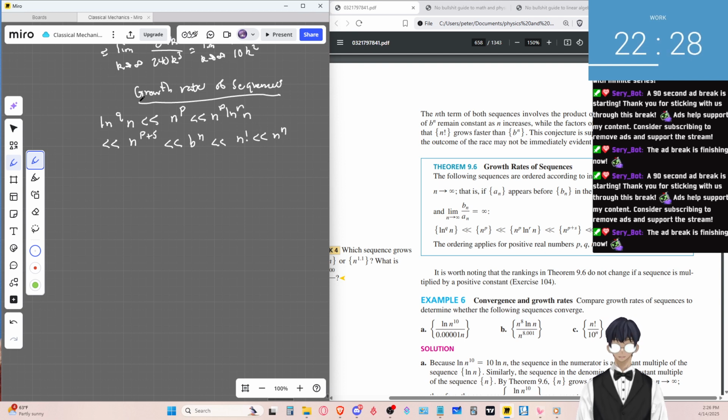So n to some power p equals... I think the way to remember it is if there's a natural log, it's going to be slower than a number to itself power.